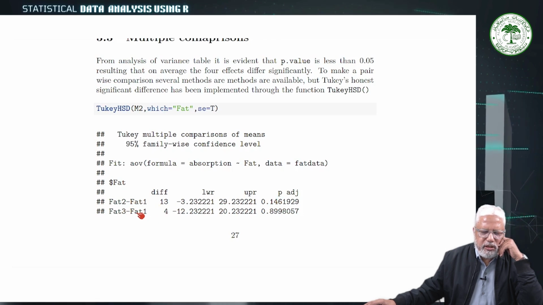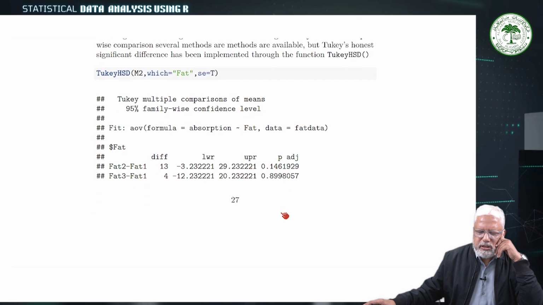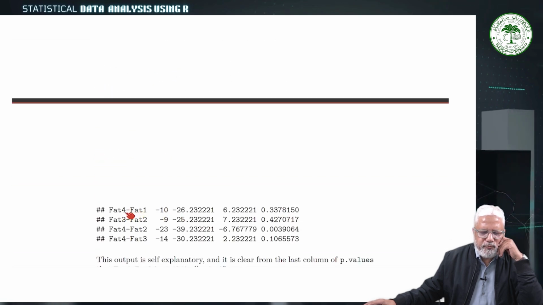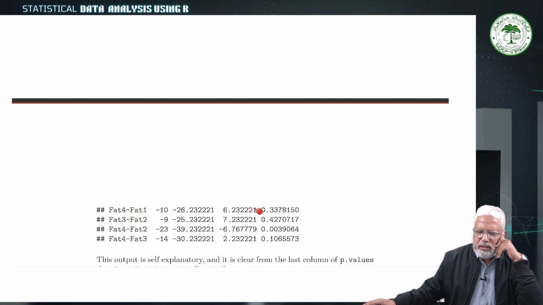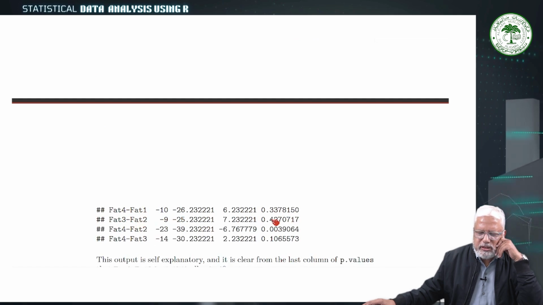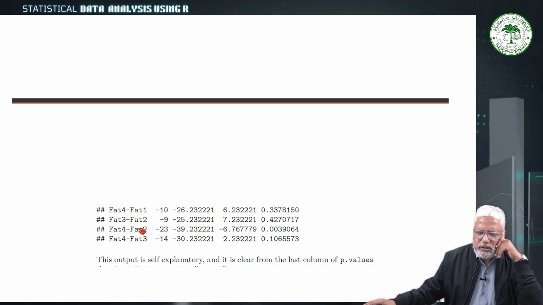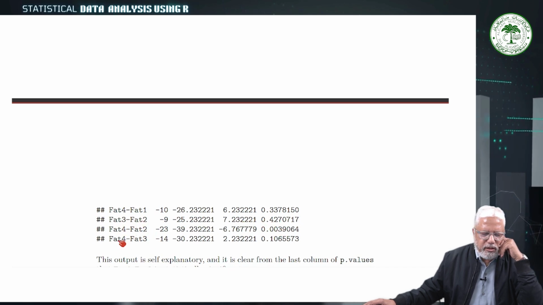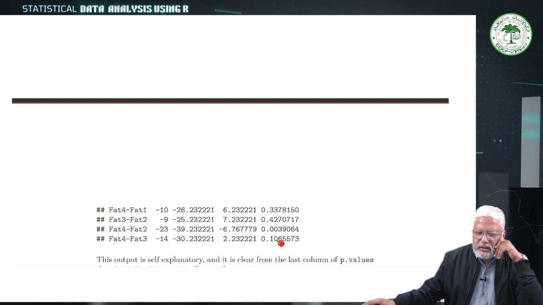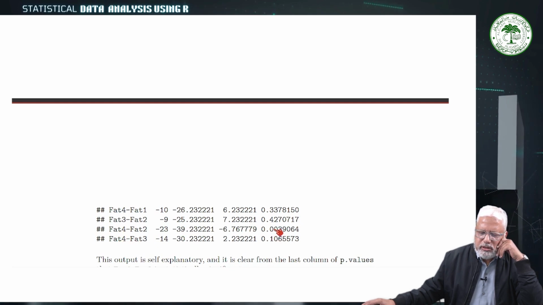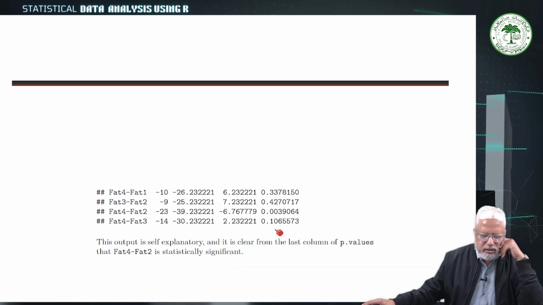Similarly, fat 3 versus fat 1 is not significant, fat 4 versus fat 1 is not significant, fat 3 versus fat 2 is not significant, fat 4 versus fat 2 is significant, and fat 4 versus fat 3 is not significant. So it is only fat 4 versus fat 2 where the difference is significant.